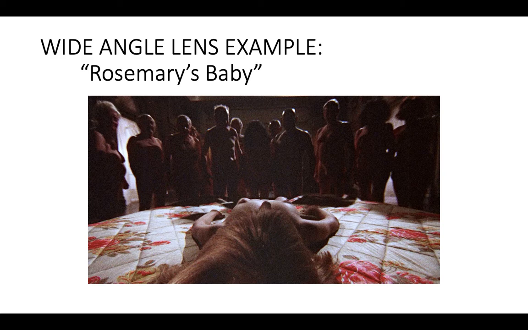Another film that was shot with a wide-angle lens was Rosemary's Baby. I think that Roman Polanski used a wide-angle lens throughout the entire film. There are some aerial shots that use a different lens, but otherwise, the shots of the narrative that feature Rosemary use this wide-angle lens.